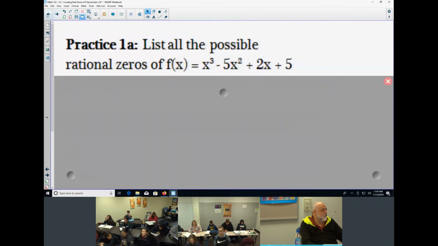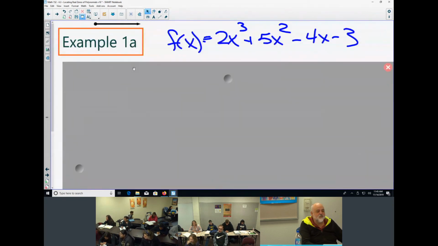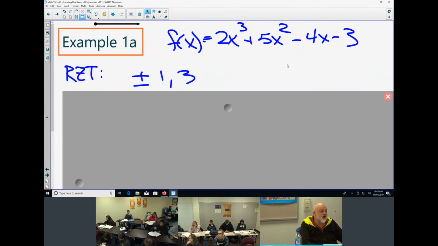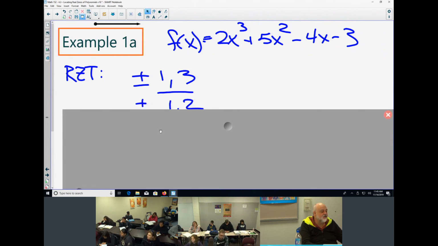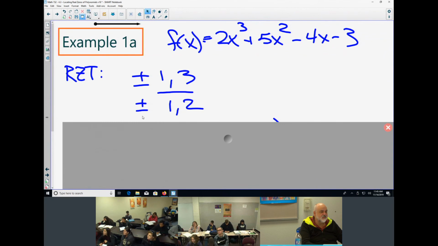So let's say we have this polynomial right here. The factors of the constant, -3, are 1 and 3, and you put plus or minus in front. Then the factors of the leading coefficient, 2, are 1 and 2, plus or minus in front.